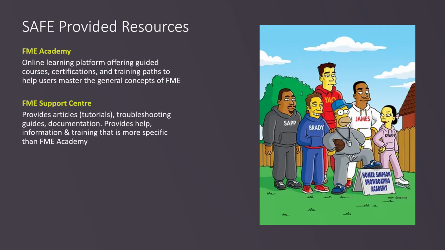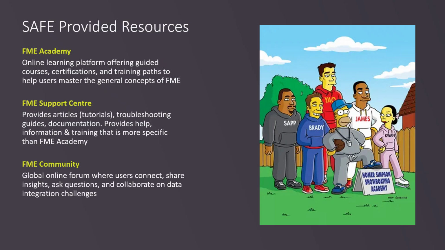Then there's the FME Support Center. This is a bit more guided and a bit more specific than the FME Academy, as it provides tutorials. They call them articles, but don't get tripped up. They are a bit more specific on certain processes and certain features, and it also has documentation, troubleshooting guides, things like that that will help you if you ever get stuck.